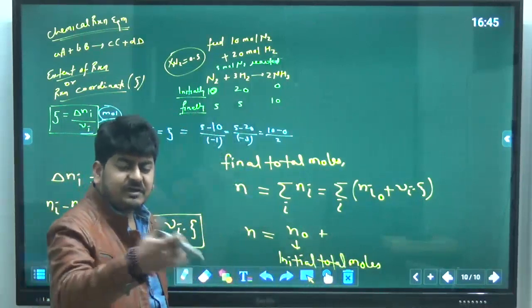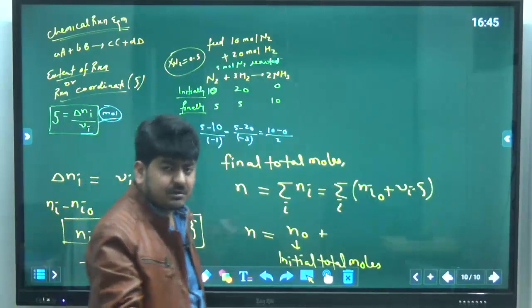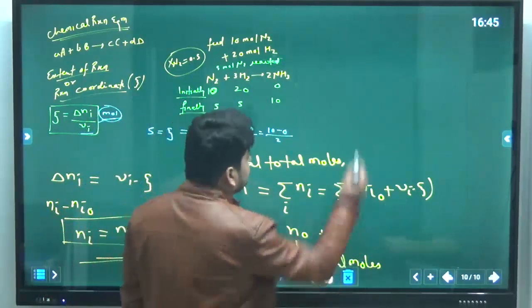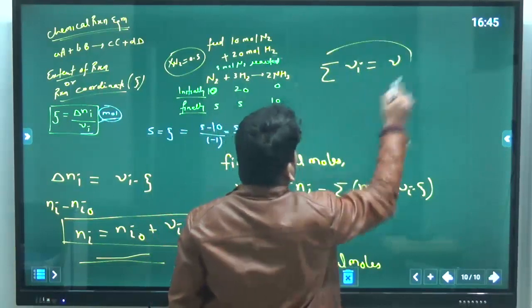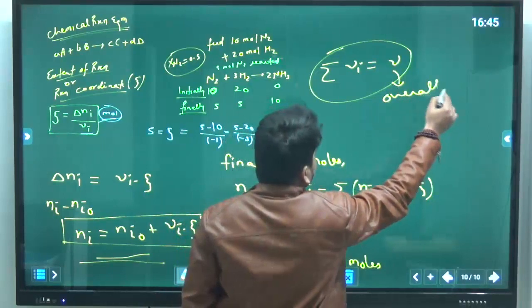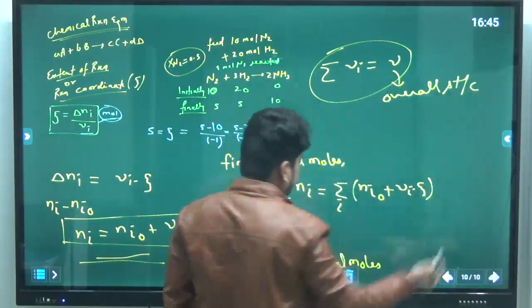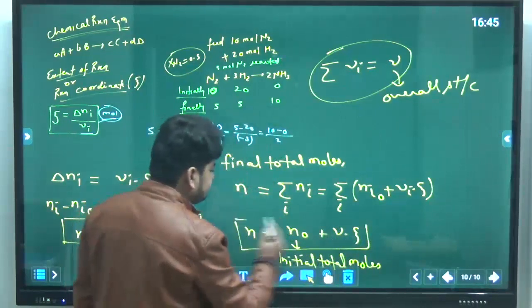We know that zeta will be the same for all the components, so we can take zeta out of the summation. So summation of nu i will be what? All of us know that summation of nu i will be the overall stoichiometric coefficient. So you can write, it will be nu into zeta.